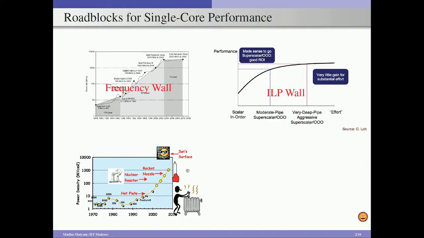Because of that, our power density is very high, and this power density translates to heat. If you do not take care of this, the chip may burn out, or it is going to give undesirable results when we use it for some computation. So, this is called the power wall.